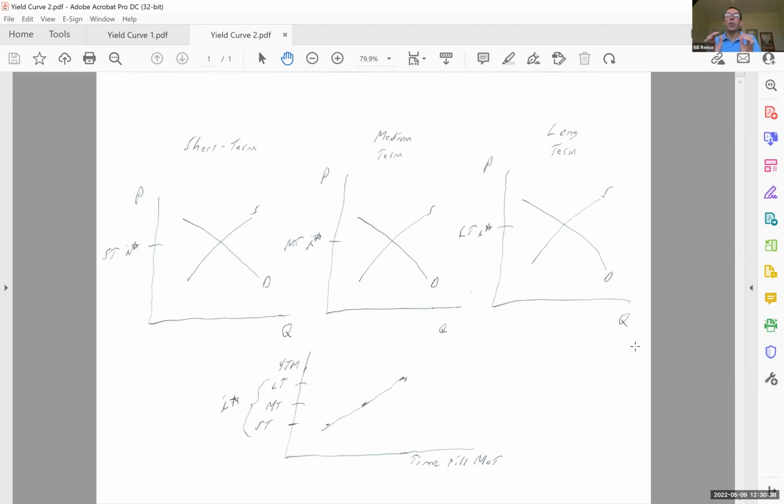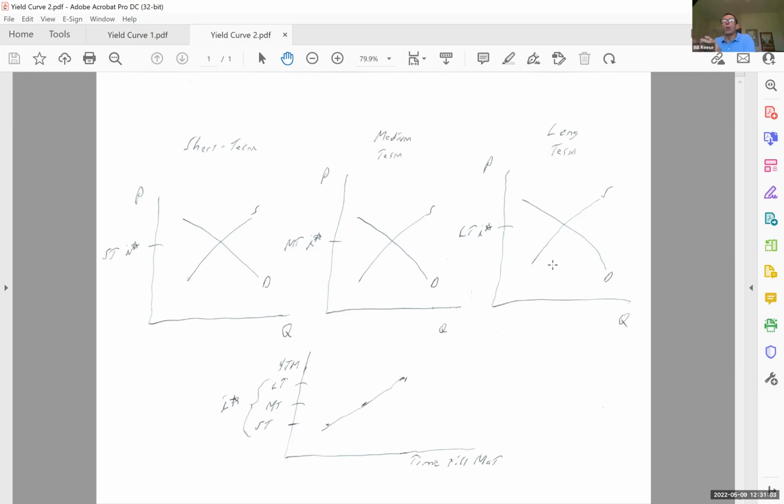It says we've got three different segments of the market: short term, medium term, and long term. What is being said here is that investors want to invest either short term, medium term, or long term. They're not willing to invest long term by investing in short term and rolling it over continuously.